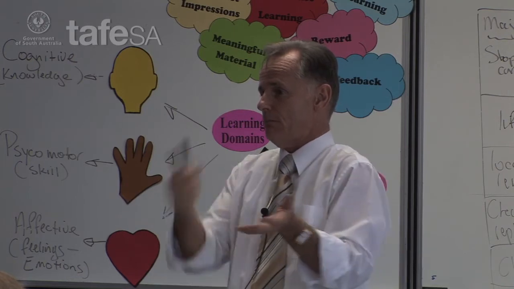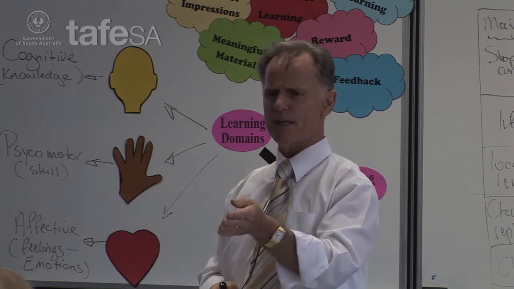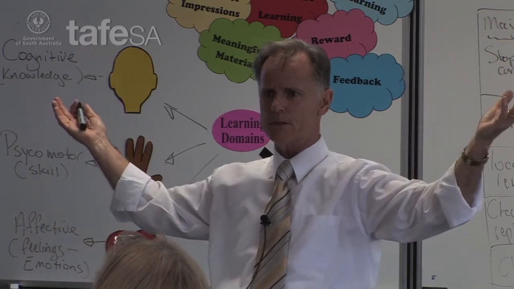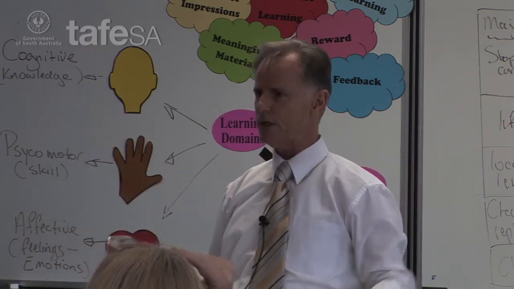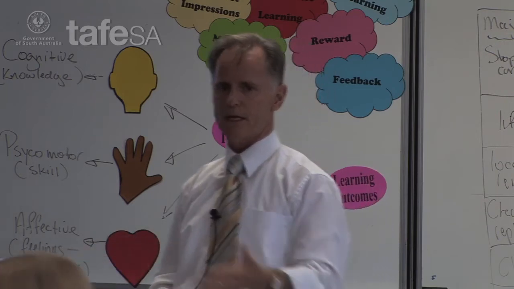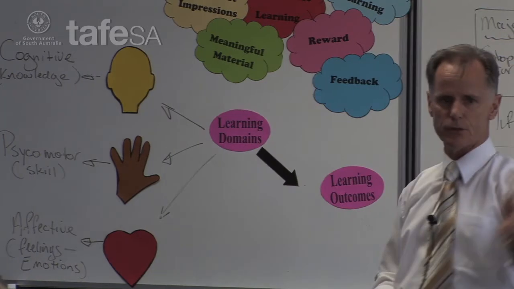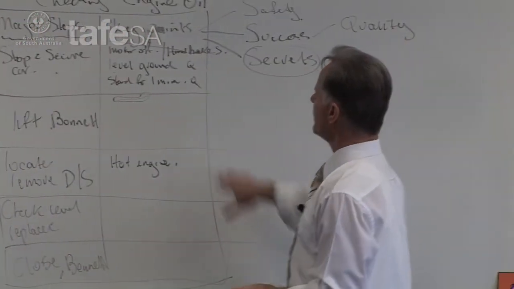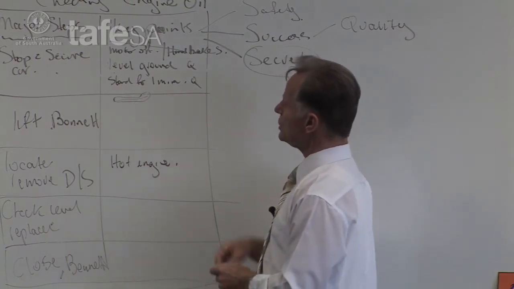But if you show them how to check the oil and they go and do it on someone else's car, they'll lift it up, let it go and think there's a strut under there, and it'll come crashing down on their hands or fingers. Don't assume, because we're going from unconscious competence to people who are back down there. You happy with that? So safety, issues of success.